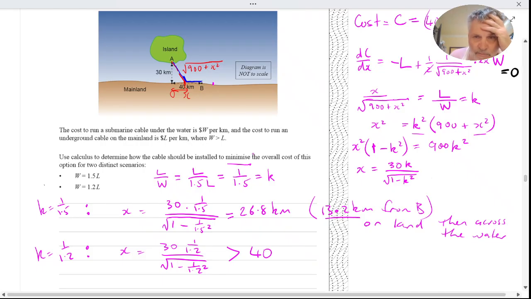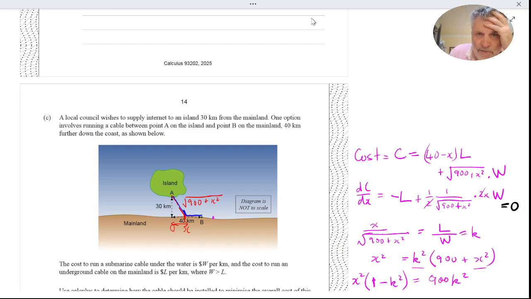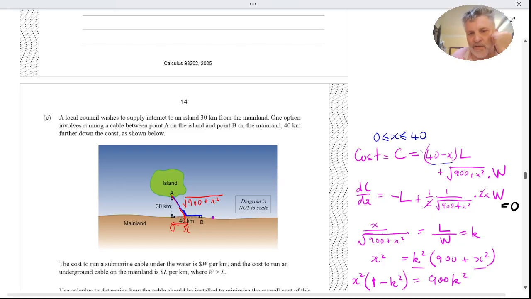We didn't write it out, but implicit in our cost formula was that x lay between 0 and 40. Because if we go out this way, that would mean that this part of the formula, 40 minus something, would give us a negative cost for going back this way. And that's clearly not the case.